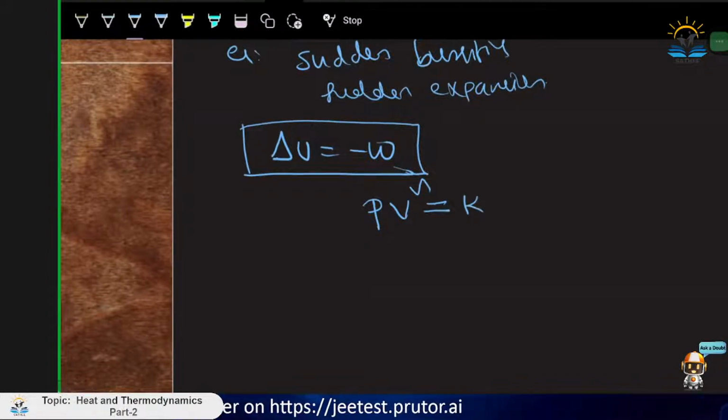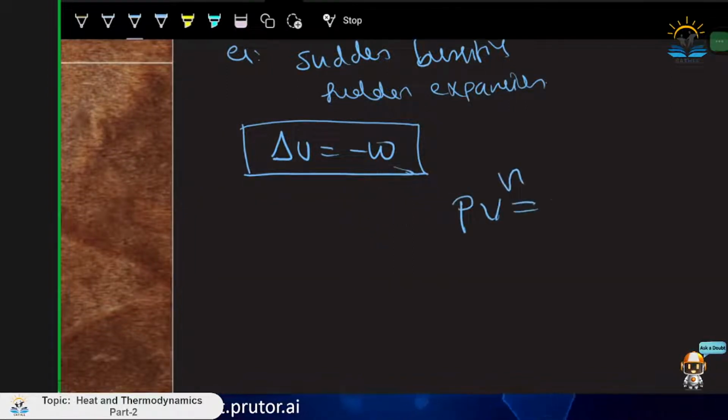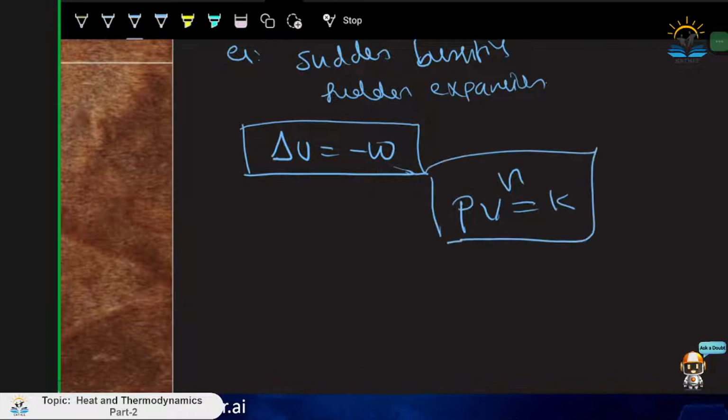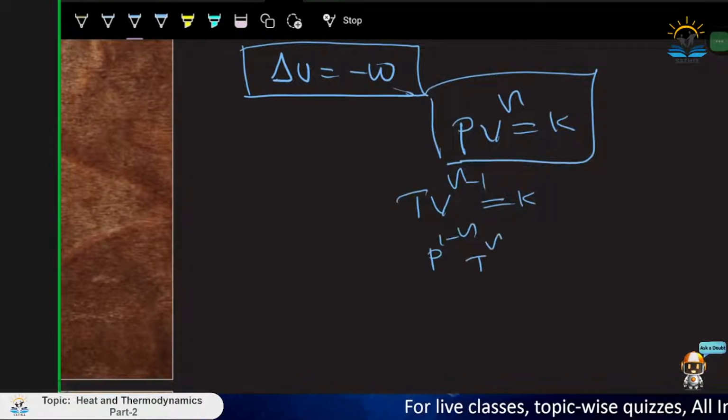That is our equation. Or I can write TV raised to gamma minus 1 is a constant. Or I can write P raised to 1 minus gamma, T raised to gamma is a constant.